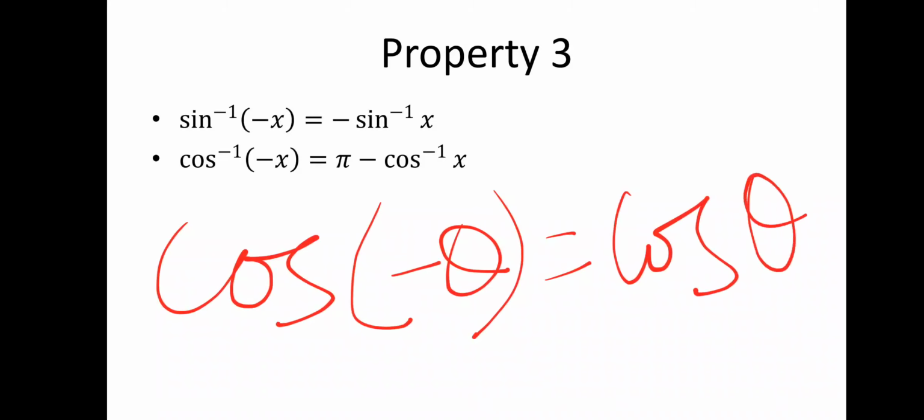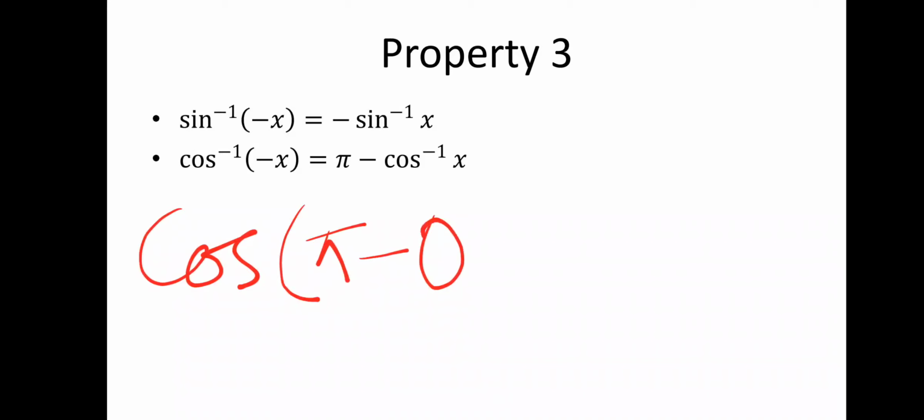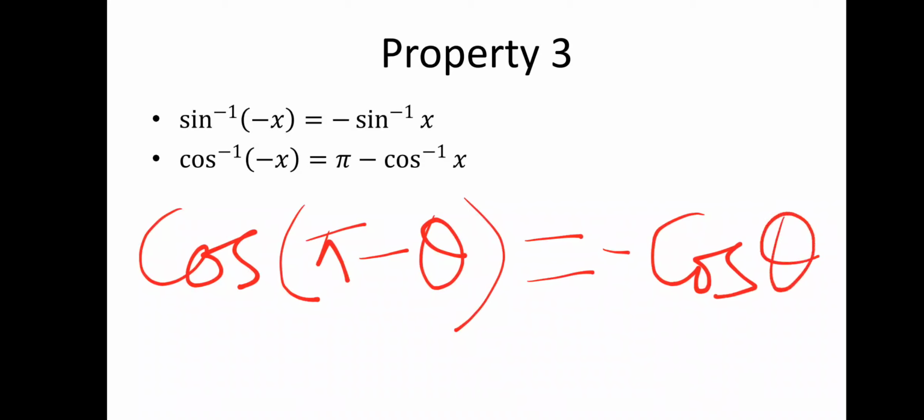But if I do cos of pi minus theta, then what happens? Cos of 180 minus theta, that means it is in the second quadrant. Now pi is an even multiple of pi by 2, so cos remains cos, but in the second quadrant cos is negative, so it becomes minus cos theta.